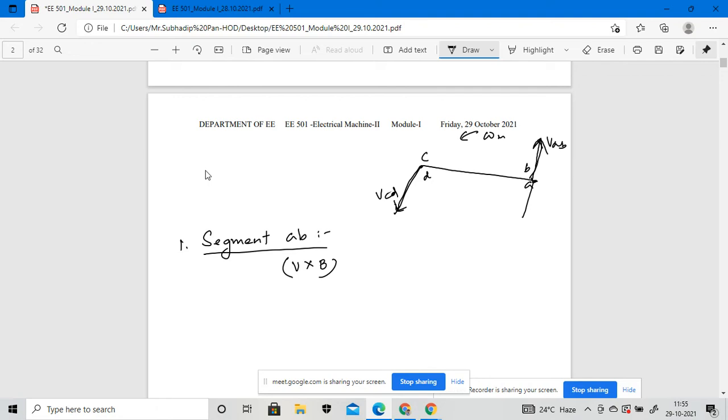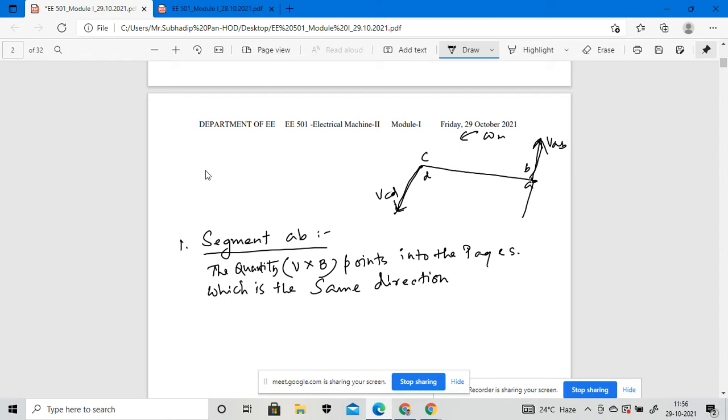So the quantity V into B points into the page, if I consider the three-dimensional figure, which is actually the same direction as segment AB, right?